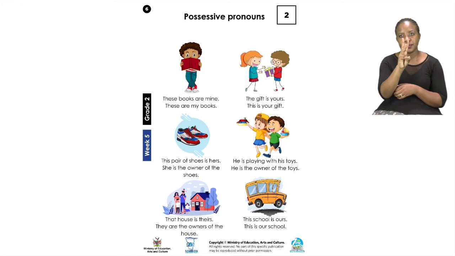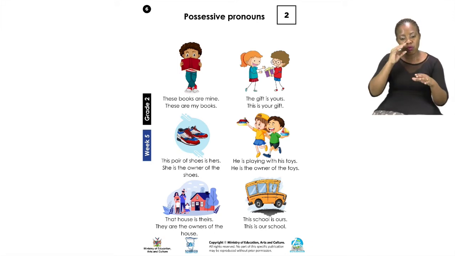On page 6, we are going to be talking about possessive pronouns. Now, we already know what a pronoun is. A pronoun is a word that is used to replace a noun. But this time we are not just replacing, we are also showing ownership.